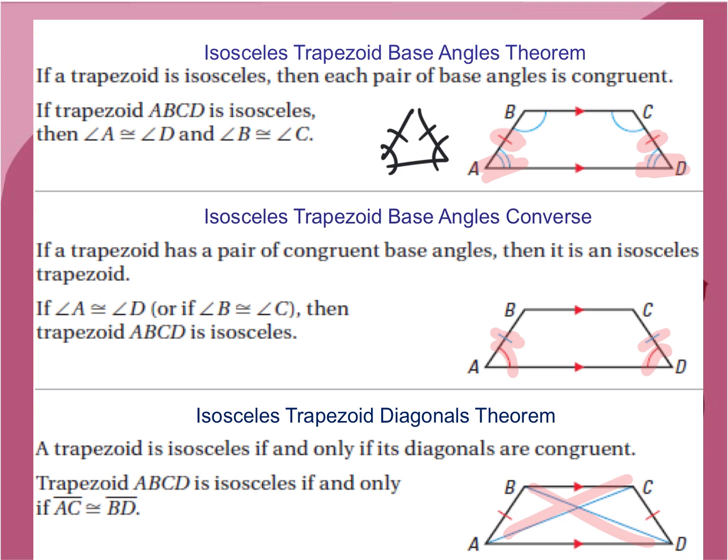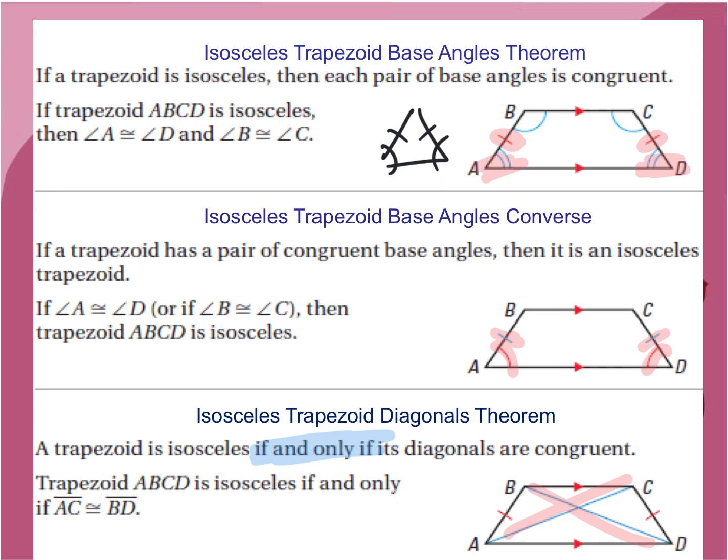If you got those segments that are congruent, you will be able to tell that it is an isosceles trapezoid. The key words are if and only if. If they don't tell you those segments are congruent, we cannot assume that it is an isosceles trapezoid.